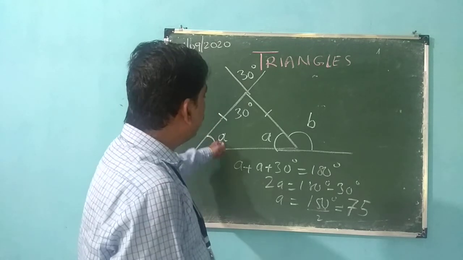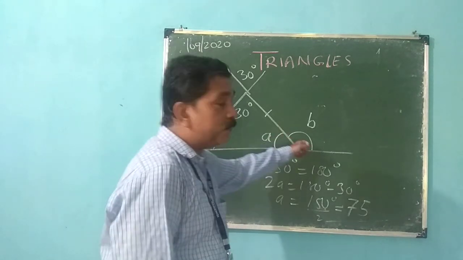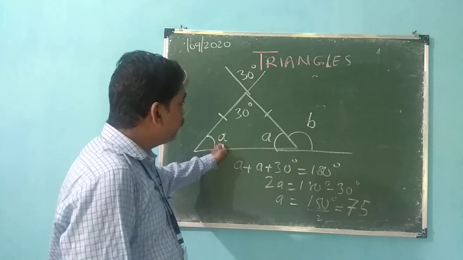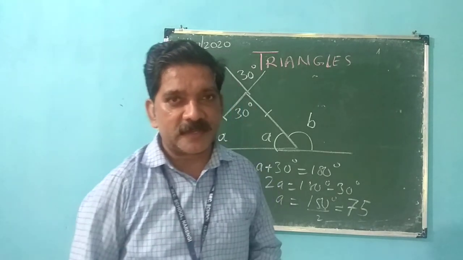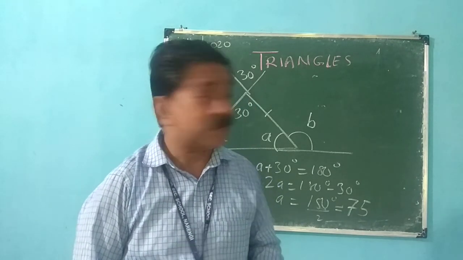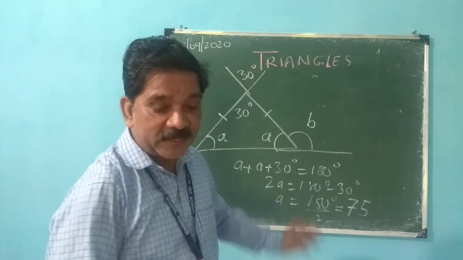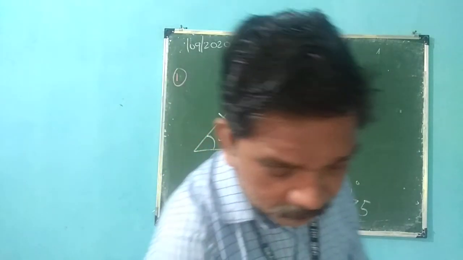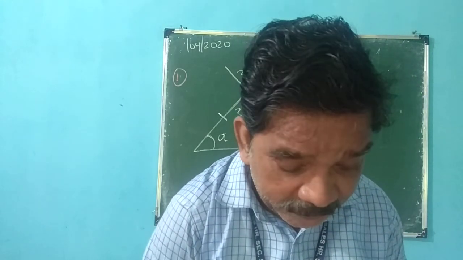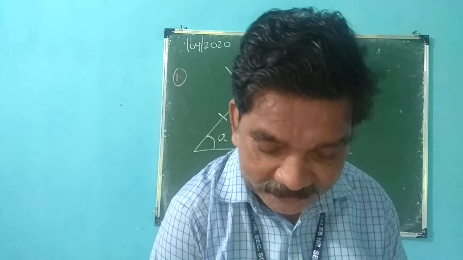Correct? So the value of A is 75 degree. Now value of B will be 75 degree plus 30 degree, you will get the answer. Correct? So this is what this triangle is all about. Now let me take a question on parallel lines.